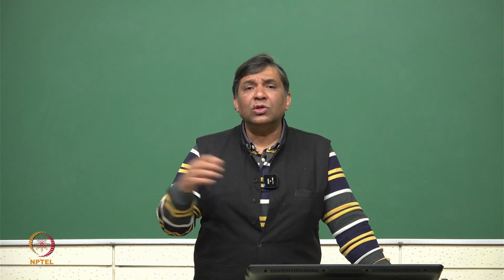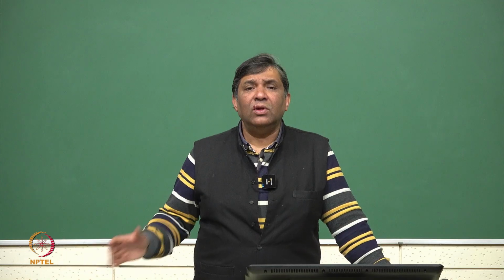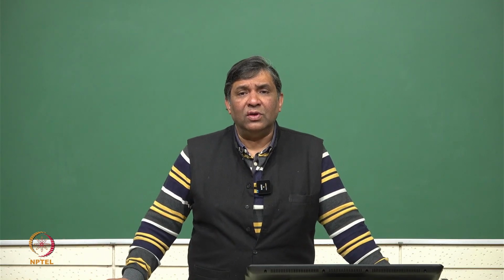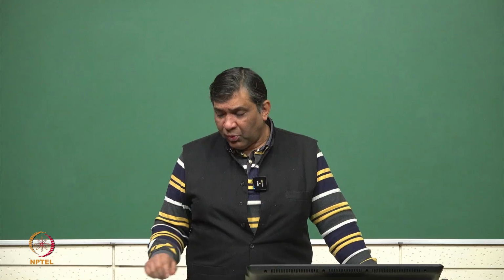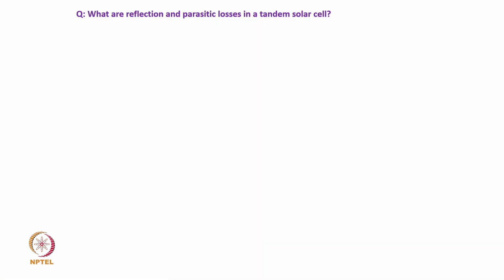So, these are all lost, and these are known as parasitic losses. So, these two important losses are very much evident in the case of a tandem solar cell, and there are ways to get rid of these losses, which I discussed in detail during the lecture.